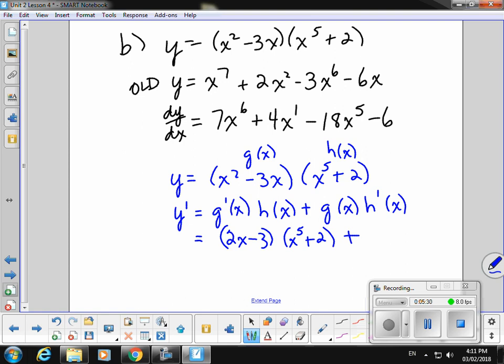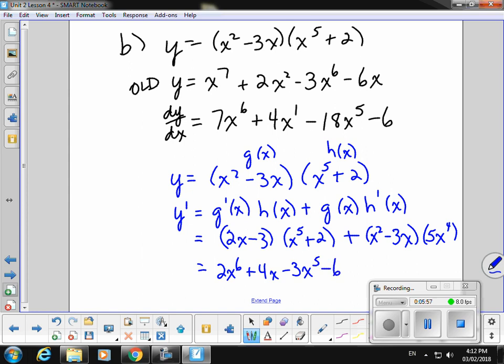Plus I want the first function exactly the way it was, x squared subtract 3x, times the derivative of the second, which is 5x to the 4. I'm going to tidy those up by doing FOIL on the first two: 2x to the 6 plus 4x, subtract 3x to the 5, subtract 6x.